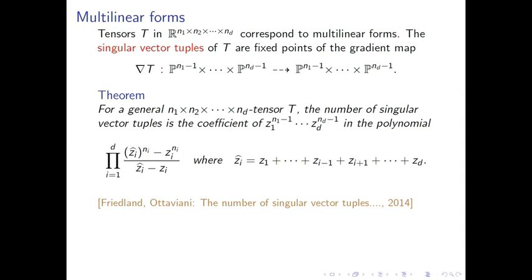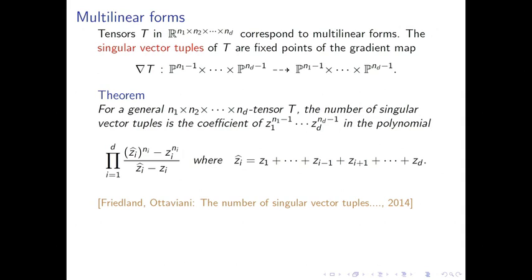We're forming a generating function in unknowns z1 up to zd. I'm going to look at zi hat, which is the sum of everybody except for the ith. Then I form the following polynomial: the product of zi hat to the ni minus zi to the ni, divided by the difference. That's a polynomial.